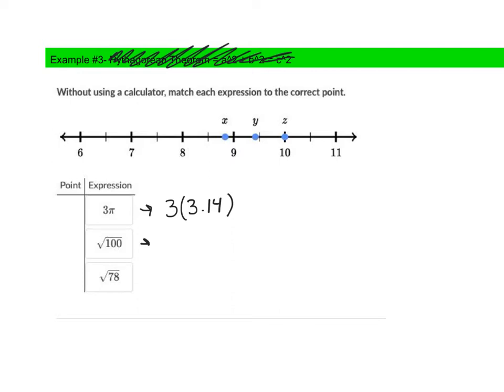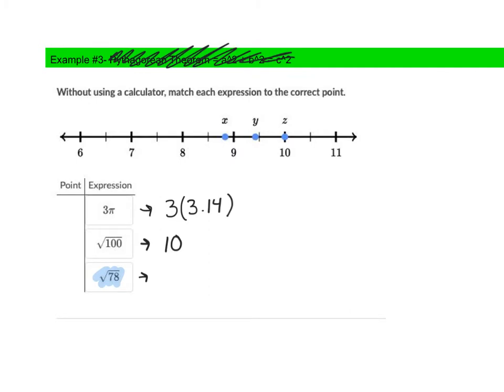The next one, the square root of 100. Well, you should know that the square root of 100 is 10. That one was pretty simple. And the last one, we're trying to find the square root of 78. Well, this is not a perfect square. 78 is not a perfect square. But there are some that come right before it and right after it, so I can say what it's in between.